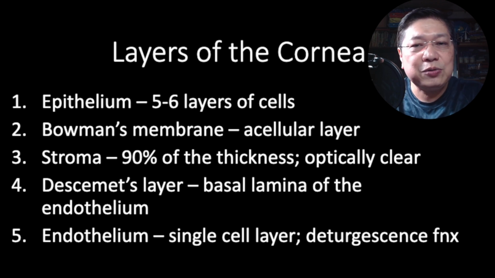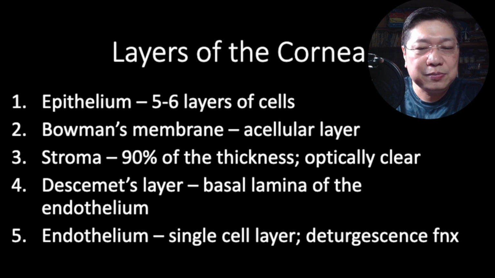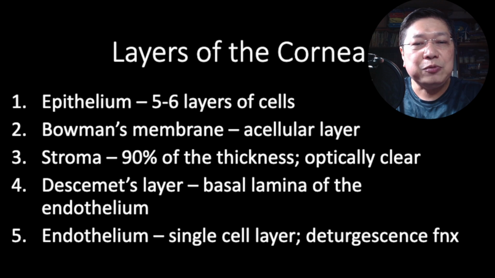So it keeps the cornea dry. It keeps the cornea from being flooded by fluids. If that single cell layer of endothelium gets damaged, then your cornea becomes opacified because fluid cannot be pumped out anymore. It's the same way with floods: if you cannot pump out the flood, the water will stay there.